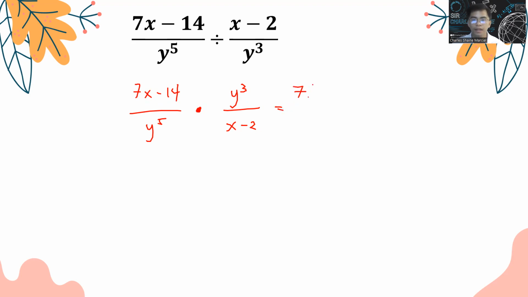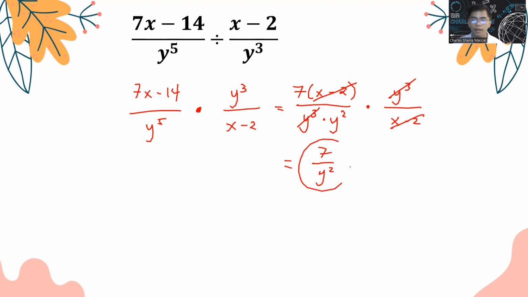Factor, 7 times the quantity of x minus 2. And then y cubed times y squared times y cubed over x minus 2. And then after that, i-cancel out na natin yung common factors sa numerator and denominator. And then the remaining terms are 7 over y squared. Okay?